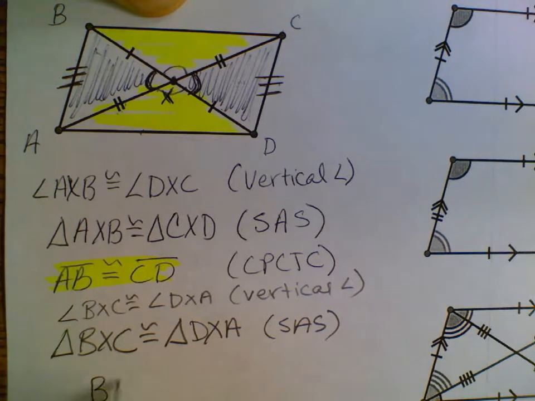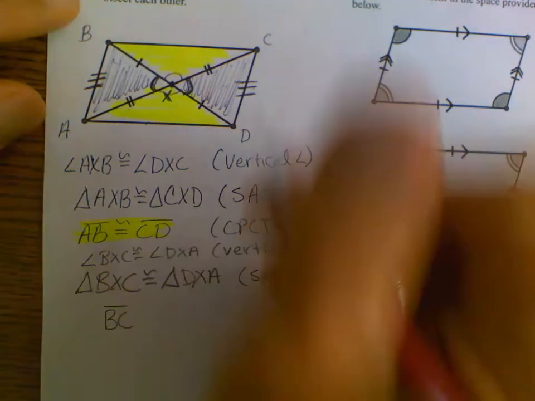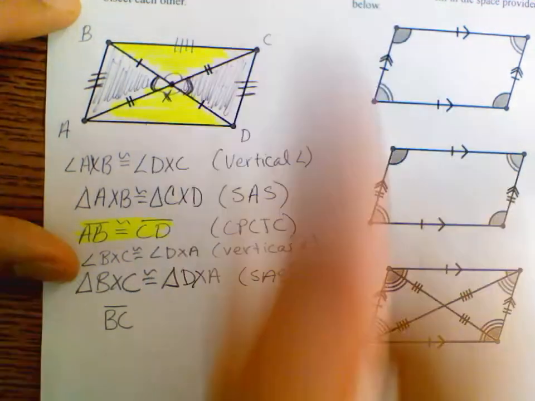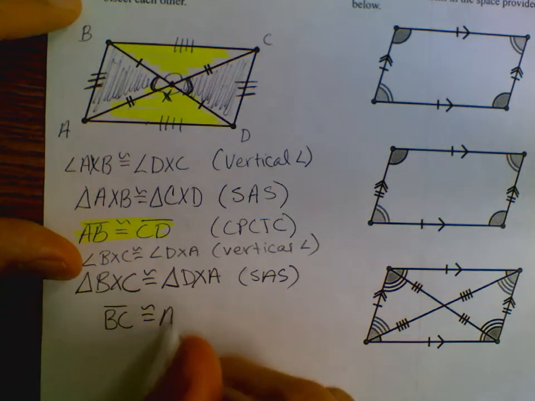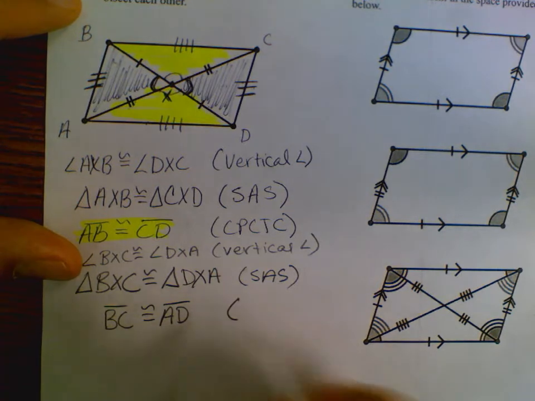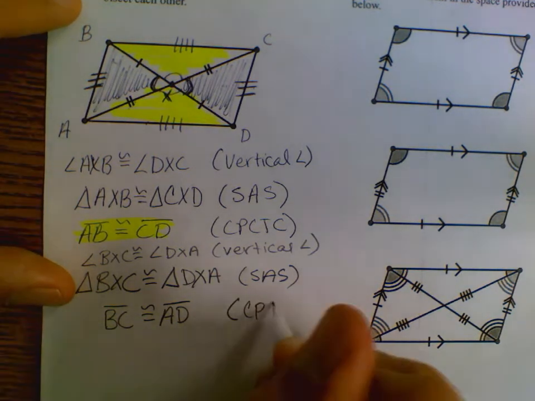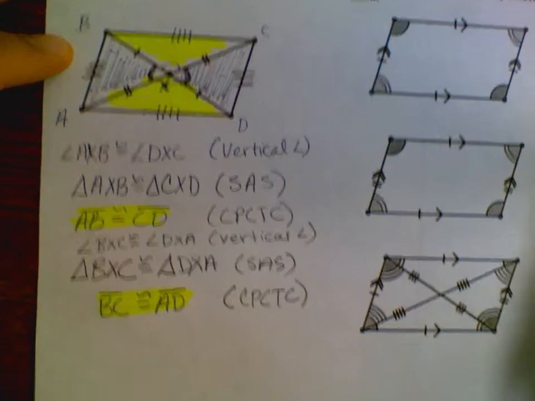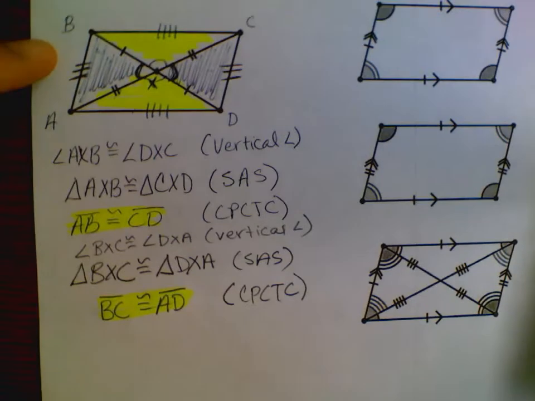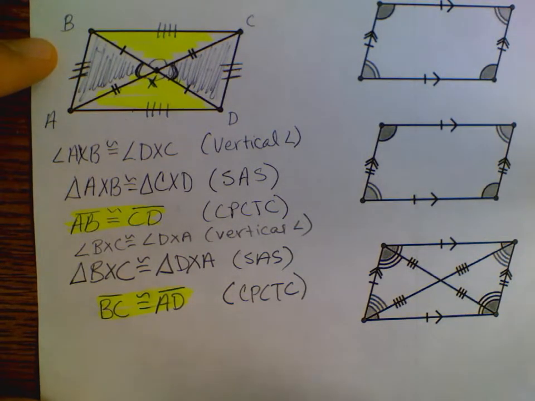So that means that BC, with four marks, is congruent to AD, with four marks. Why are they congruent? CPCTC. Now, why is this thing a parallelogram? Everything is congruent. Yeah, but use one of those properties.